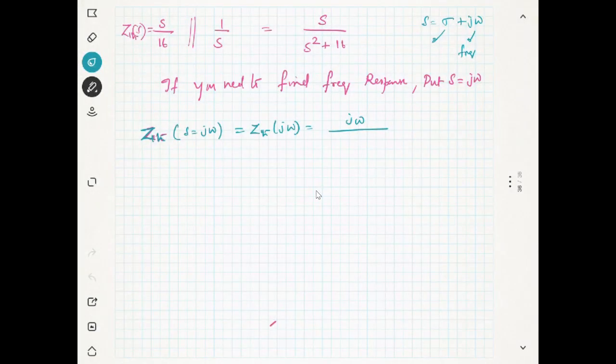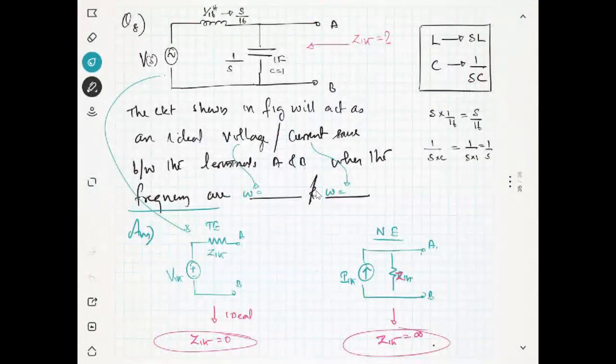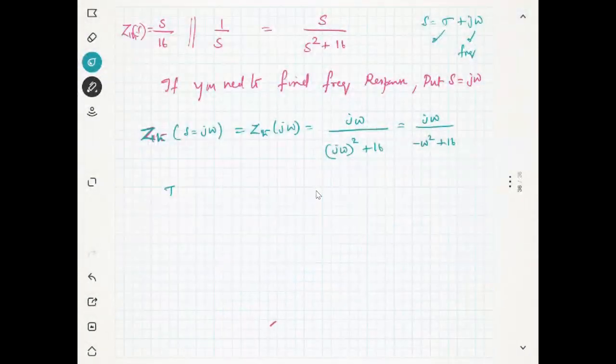Now, this becomes j omega by minus omega square plus 16, because j square is equal to minus 1. Now you have two cases, Thevenin's equivalent and Norton's equivalent.